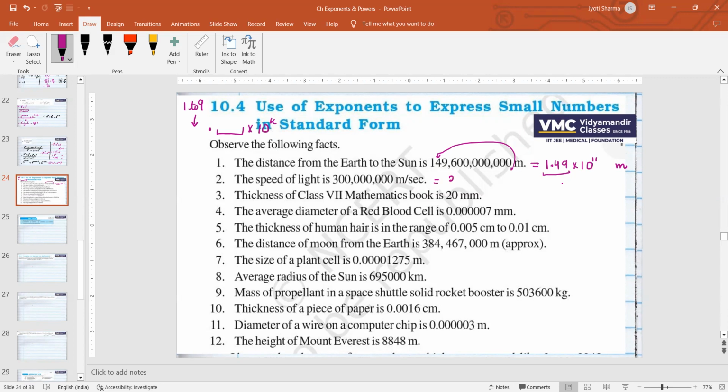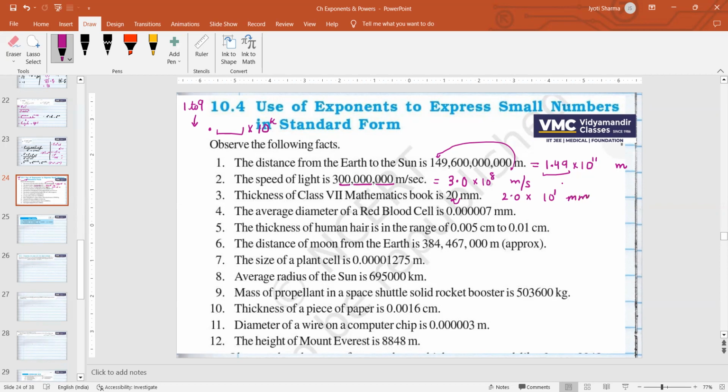This is only 3. Nothing is there. 0. 10 to the power 2 and 3, 5 and 3, 8 meter per second. This is 20 mm. So 2.0 into 10 to the power 1, because it has jumped from here to here.